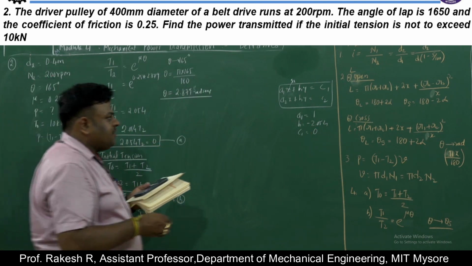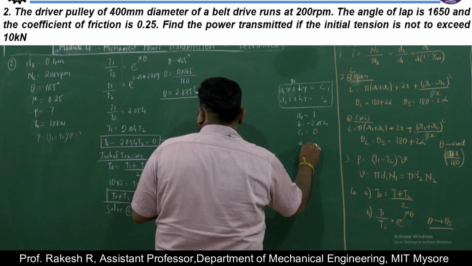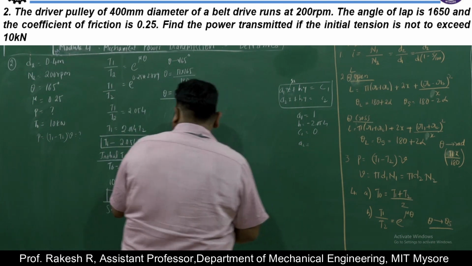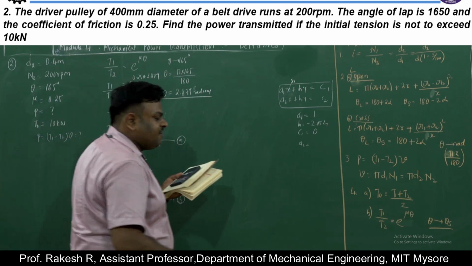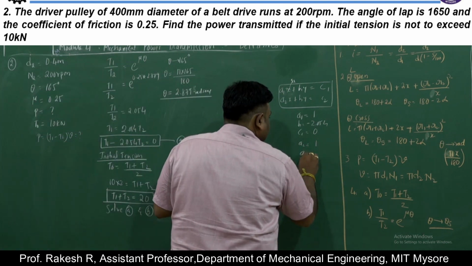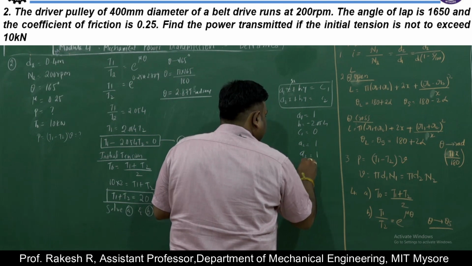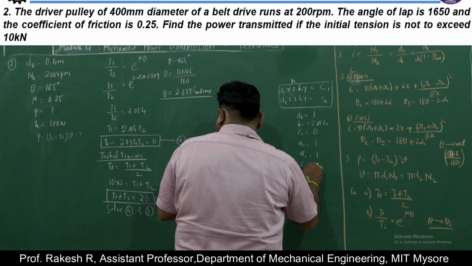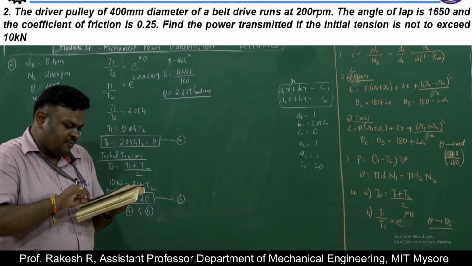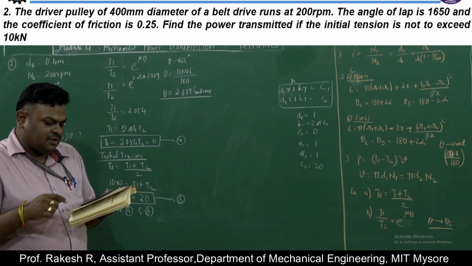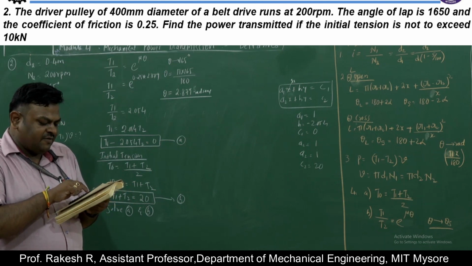Then A2 it will ask. A2 is the second equation coefficient, that is T1 plus T2 is equal to 20. So A2 is 1, B2 is 1. Then C2 is 20. So you give 1, 1, 20. Then you solve, then you will get x and y values.